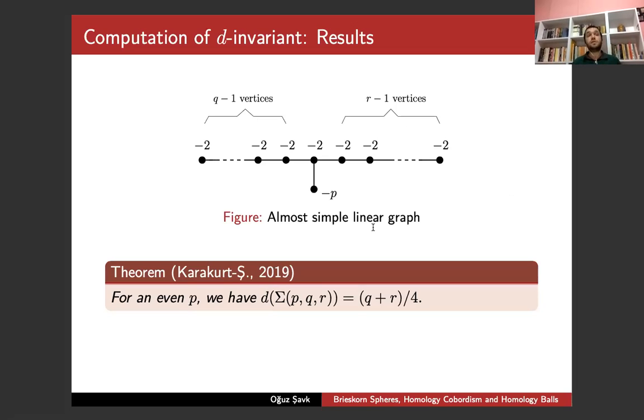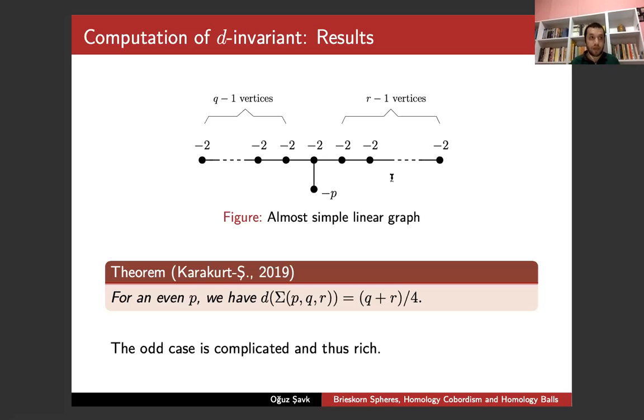In this case, the zero characteristic class maximizes the K square, so that K square is also zero, and the d invariant is just the number of vertices of the plumbing graph over 4.